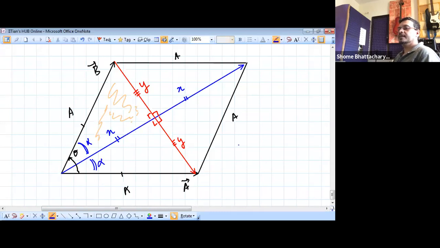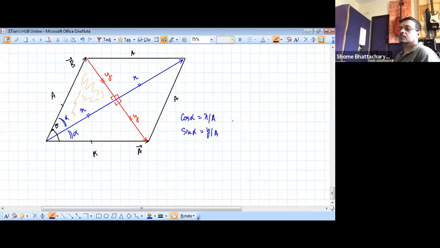So now in that triangle, you can see that cos alpha is x upon hypotenuse, that is base upon hypotenuse, and sin alpha is y upon A. So automatically now it implies that x is equal to A cos alpha, and alpha is theta by 2, which implies that y is equal to A sin theta by 2.